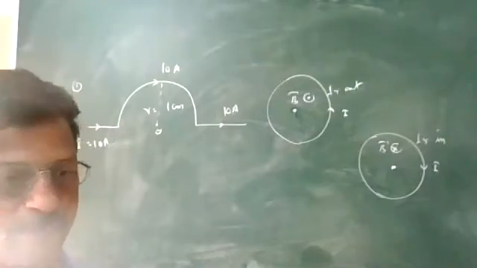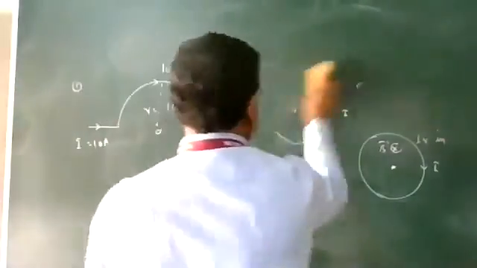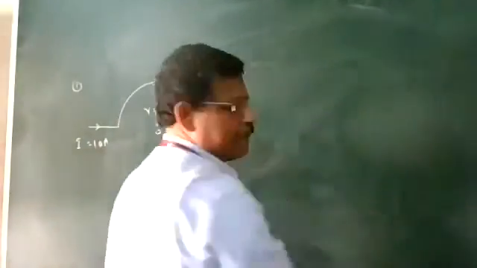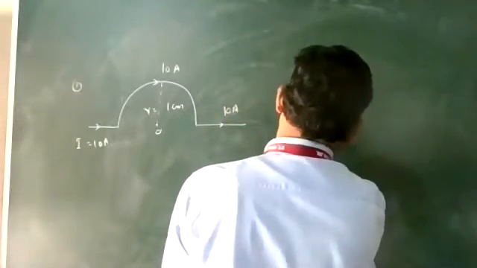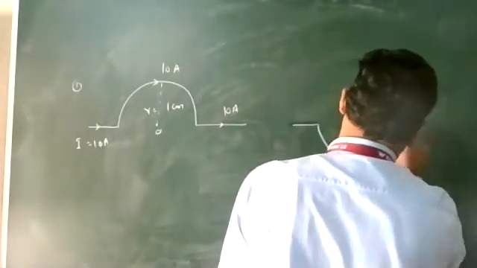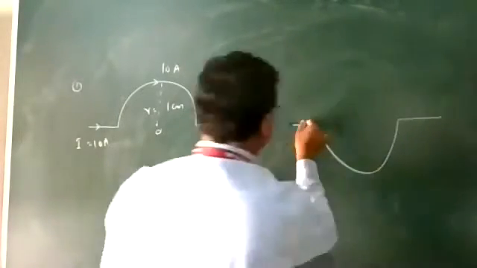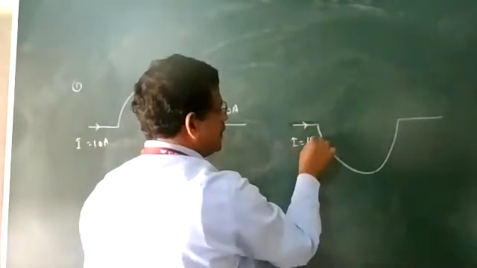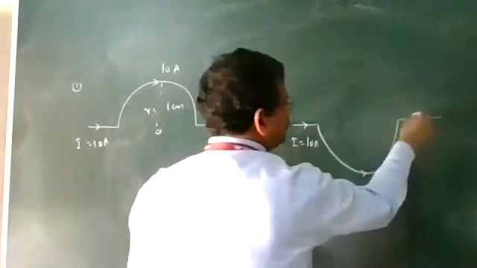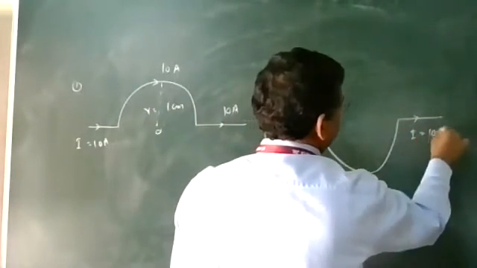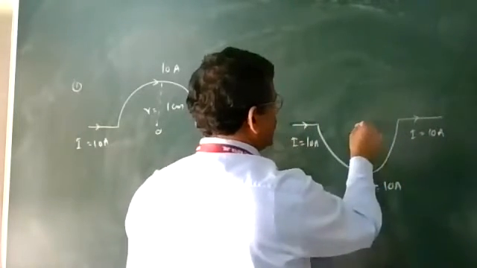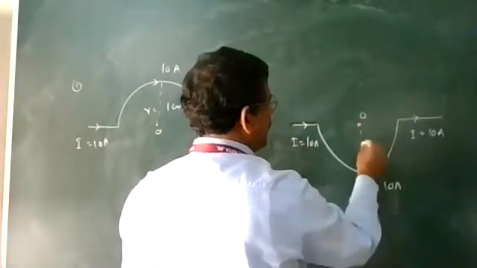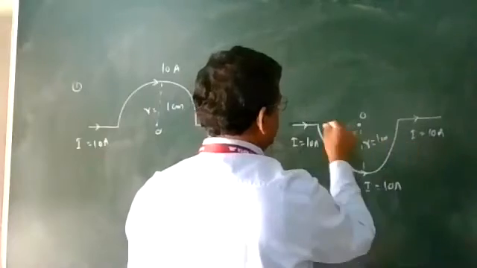Semicircle. Along with this, there is another one. Same current I equal to 10 ampere is going. What is the magnetic field at the center here? Radius again 1 centimeter.